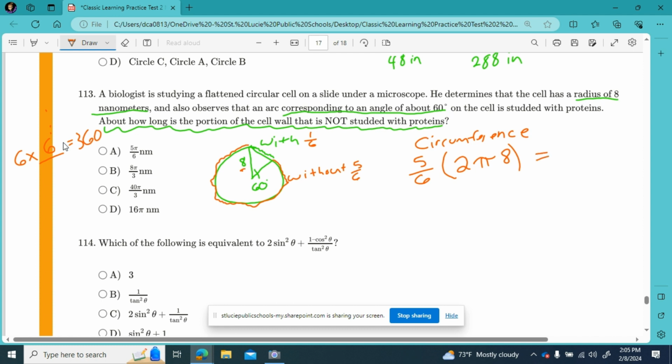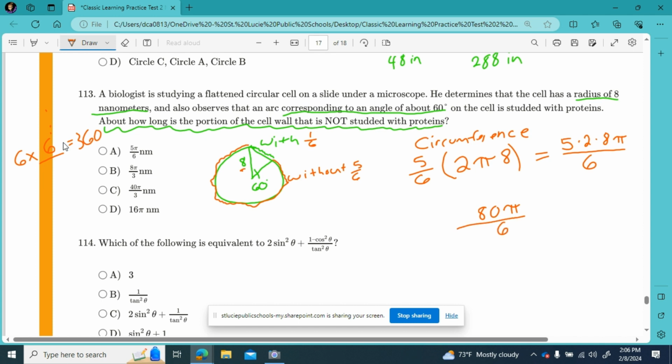Really, I can just put everything on top. 5 times 2 times 8 pi over 6. And they're not doing anything with the pi, so I don't need to round it. 5 times 2 is 10 times 8 is 80 pi over 6.